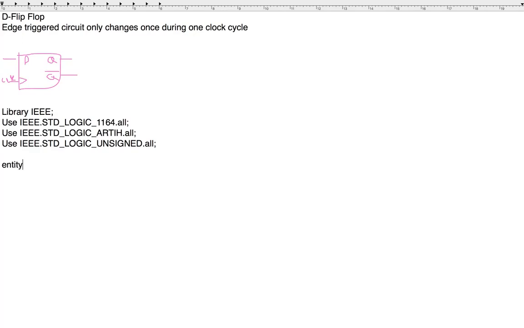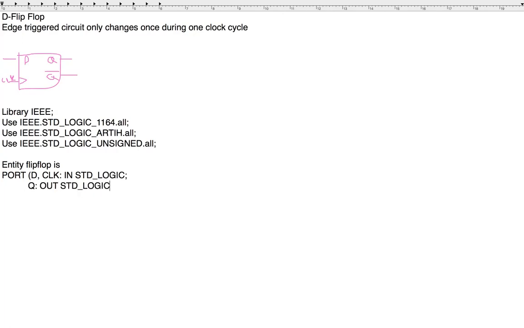Our entity, and for this entity, it's going to be a flip-flop. You can say D flip-flop if you want to. For ports, what's coming in is D and clock. Those are both single digits as our inputs, so we can say standard logic. And for output, it's going to be Q. We don't include Q naught, it's just the opposite of it.